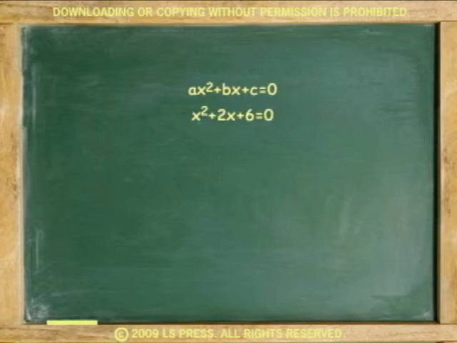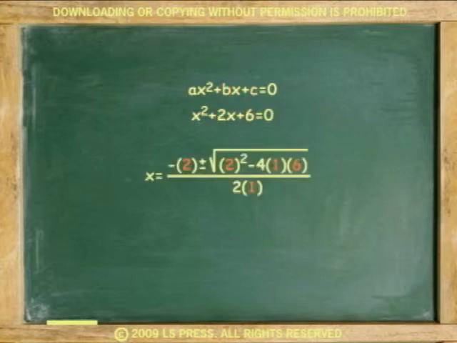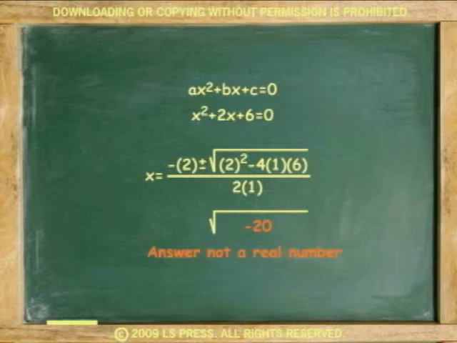Solve. A equals 1. B equals 2. C equals 6. Substituting the values in the quadratic formula and using the same calculator, stop. The radical is negative and cannot be solved without Algebra 2 knowledge. Because the square root of a negative number cannot be determined, the answer is not real.